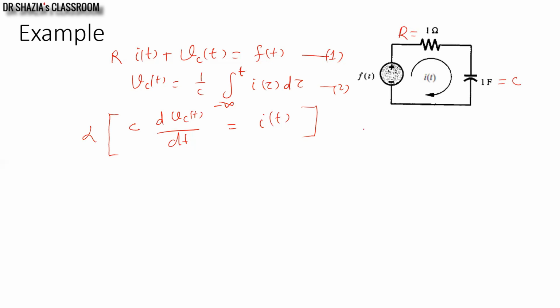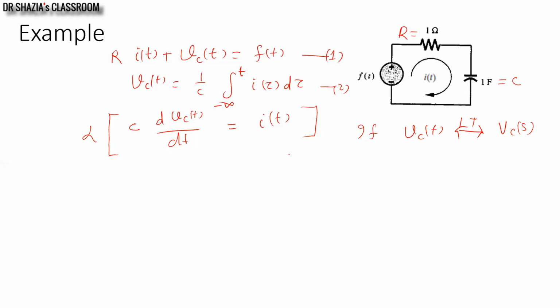If vC(t) has a Laplace transform VC(s), then d by dt of vC(t) will have a Laplace transform s VC(s). So I am differentiating in the time domain, and in the frequency domain the spectrum is multiplied by s.